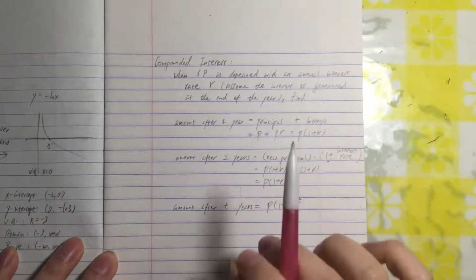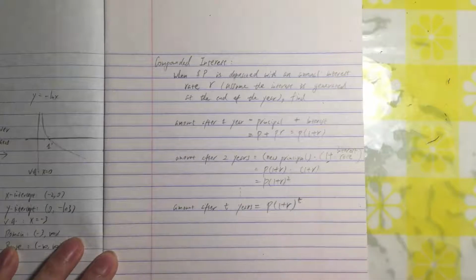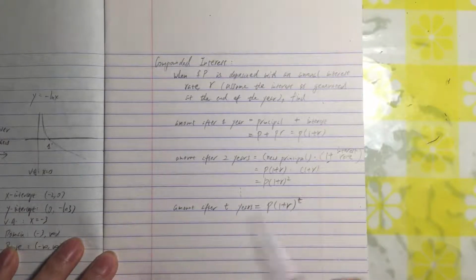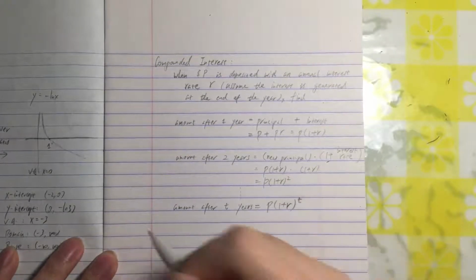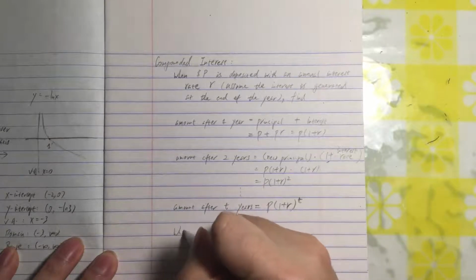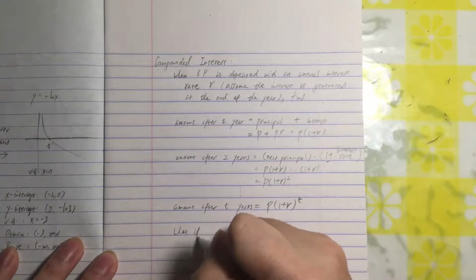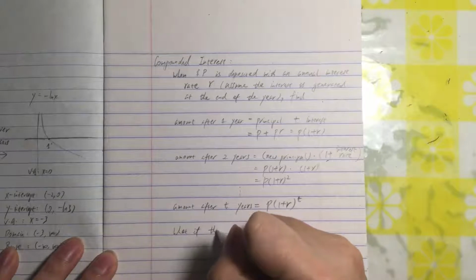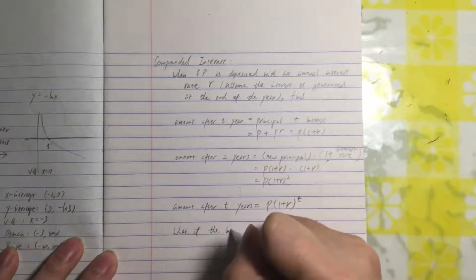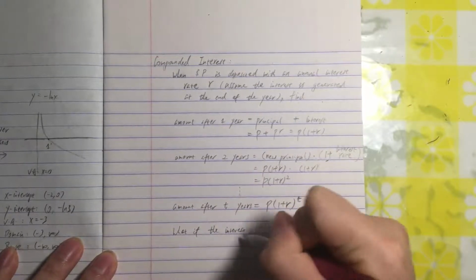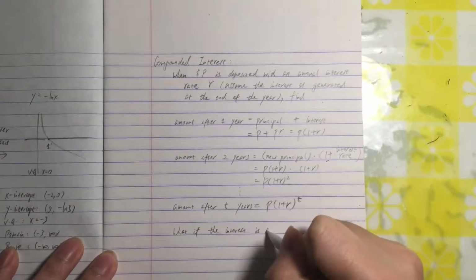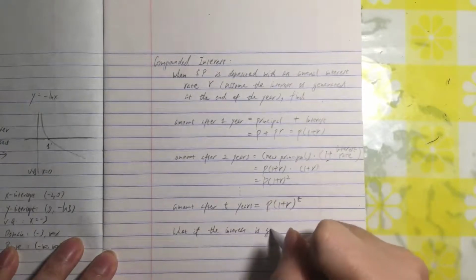Now, what if the interest is generated at the end of each month? What's the amount after t years?